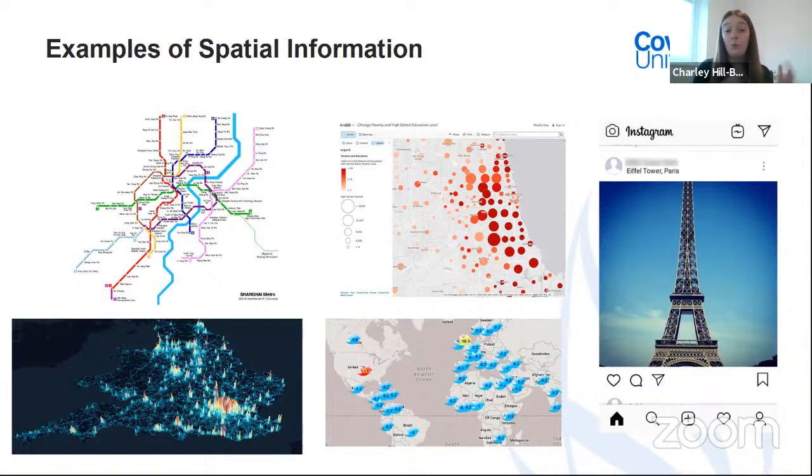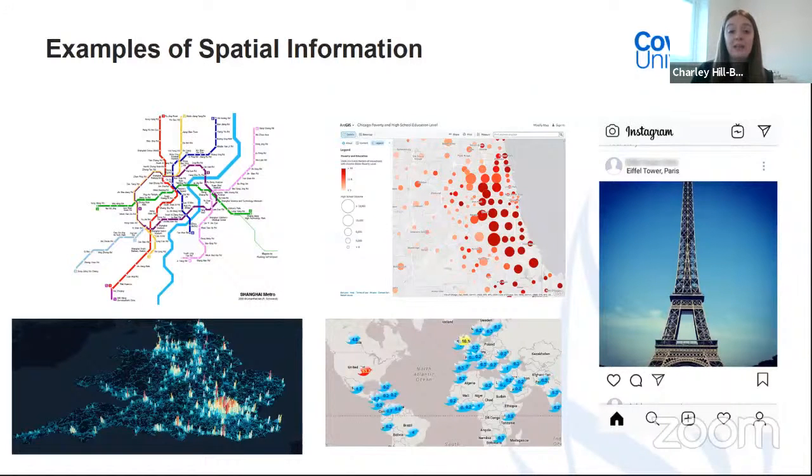Particularly when I was younger, we used to look at these maps to work out how to get from A to B. That's now transformed, and you can use your smartphone to say, I want to go from here to here, and your phone can work out where you want to go and what is the quickest route. So it's not necessarily the most direct route anymore, but what is the quickest route to get from A to B.